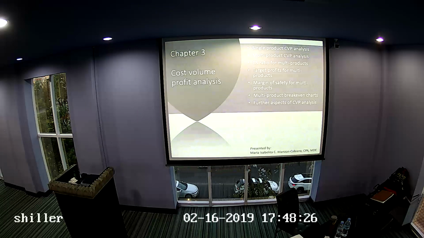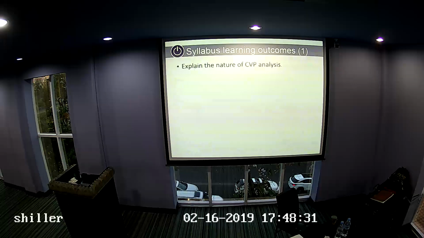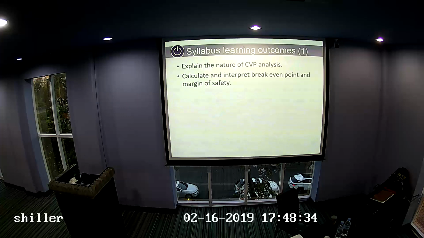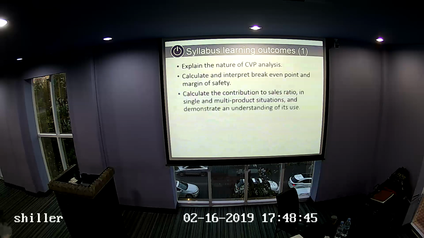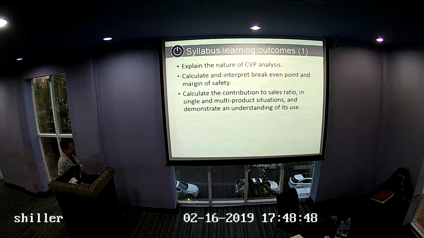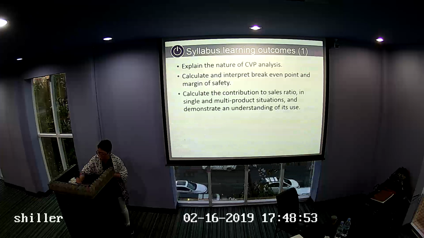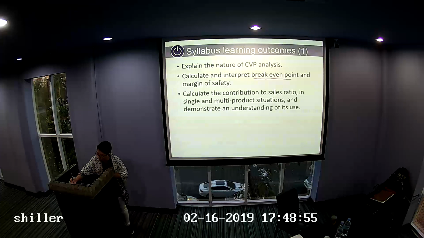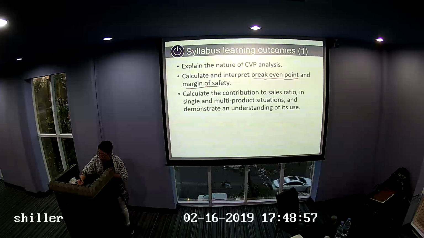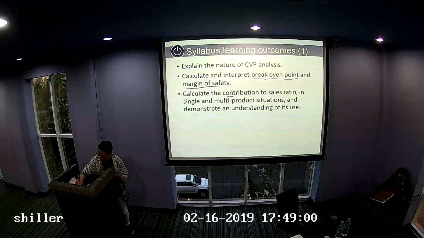And of course, we'll talk about many other aspects of CVP analysis, including why we use this technique, and how to calculate break-even point and margin of safety. So, break-even point, margin of safety, what else? CS ratio.